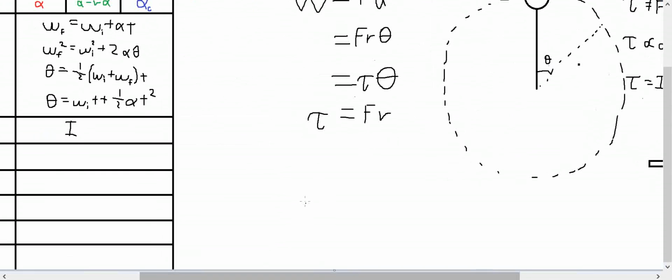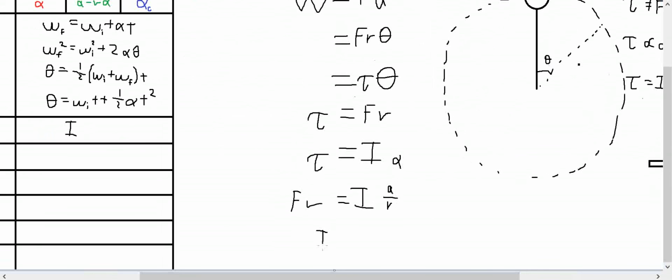So basically we have torque equals I alpha, and torque is equal to F R, and alpha is equal to a over R, the tangential acceleration.